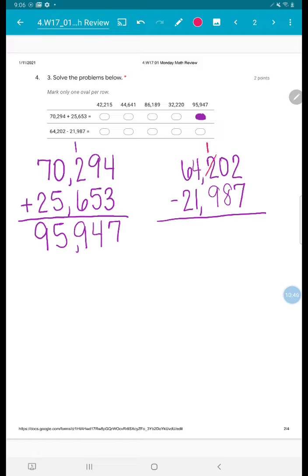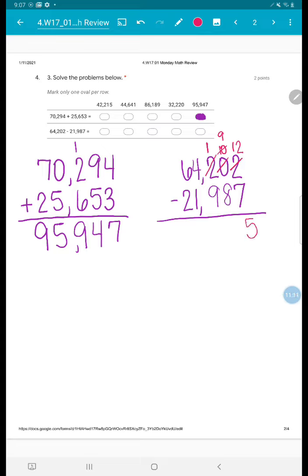Now I have 100 left, and I'll need to regroup that 100 into tens. It gives me 10 tens, but I need to take one of those tens and make them into ones. So now instead of 2 ones, I have 12. 12 minus 7 is 5.